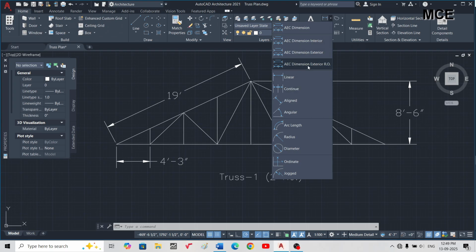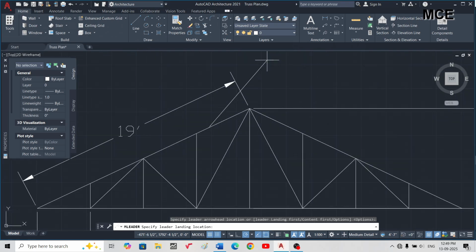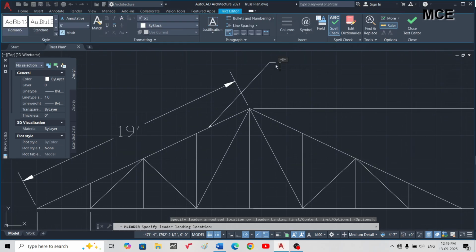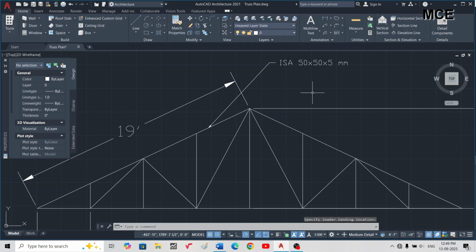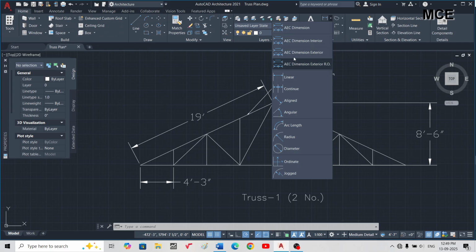For the two rafters, king post and bottom chord, I will take ISA, that is Indian Standard Angle, 50 into 50 into 5 mm.